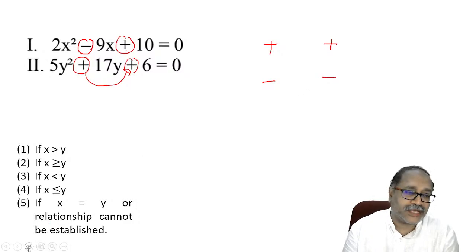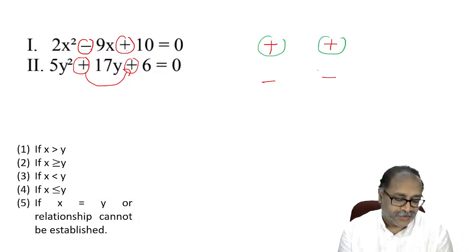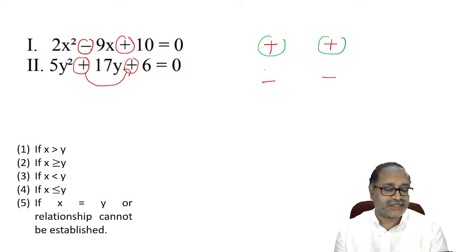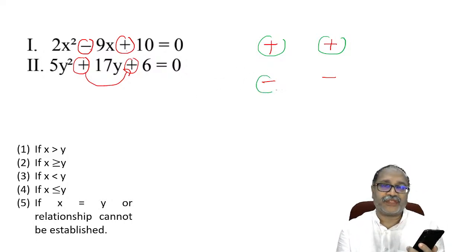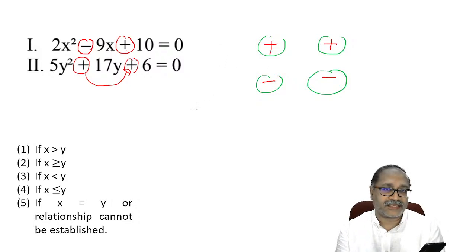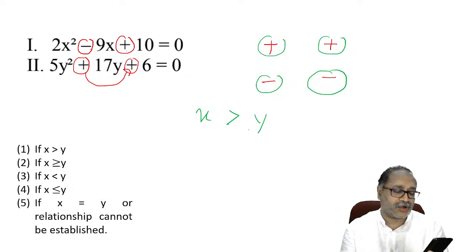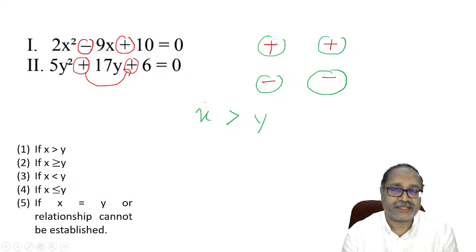So you notice that both values of x are positive and both values of y are negative. Then x is greater than y. That's right, Mr. Gaurav. Absolutely right. So the next one.